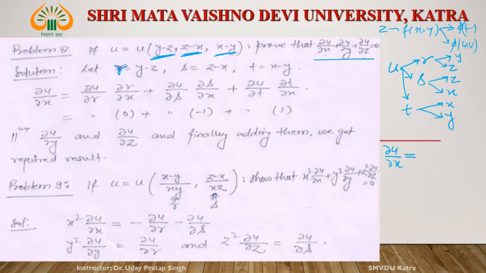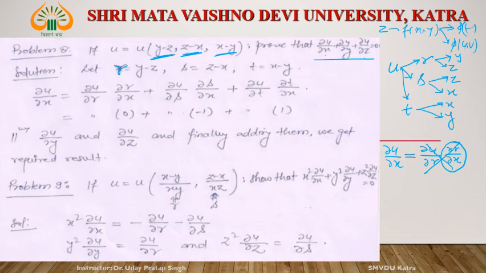One path is from u to s and s to x, and another path is u to t and t to x. This can be written as del u by del r and del r by del x. If you want to write this term, then it is okay. Otherwise, it is immaterial. Why? Since r is not a function of x, therefore del r by del x is automatically 0.